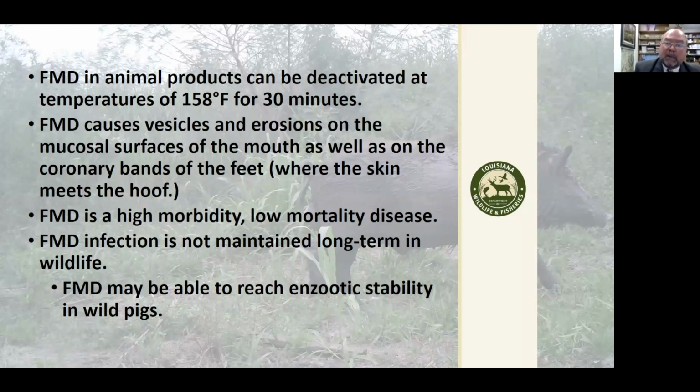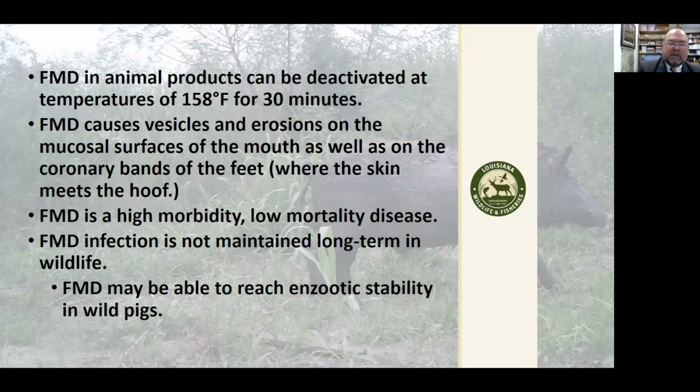The coronary bands are on the feet, and that's where the hair meets the hoof. That area is called the coronary band. And that's why this is called foot and mouth disease. So they get lesions in their feet, their mouth. And this is not to be confused with the human version of hand, foot, and mouth disease. That's not the same thing.